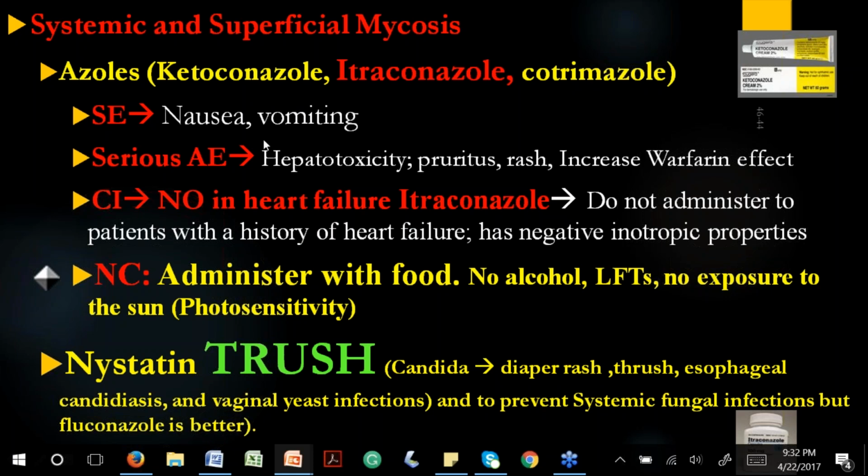Side effects: nausea, vomiting, hepatotoxicity, rash again. The azoles are going to increase the warfarin effect. We mentioned that already. So make a shortcut: write the main branches of side effects as a summary on paper, and make a small algorithm, and that is going to help you remember all this.